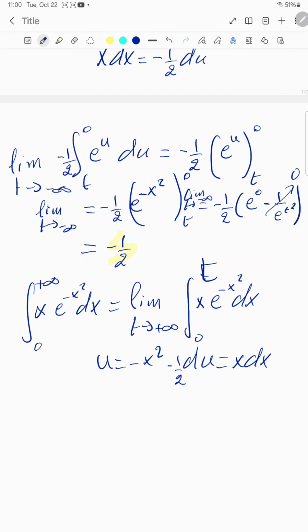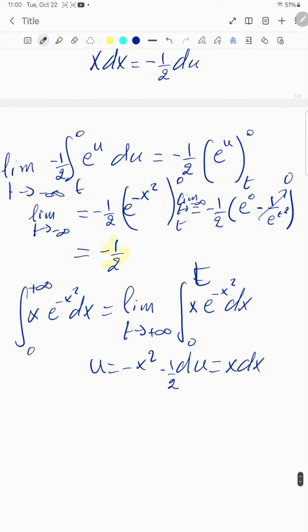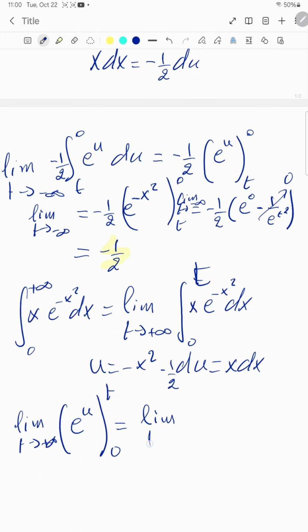So it will become the integral of e to the power of u. And the integral of e to the power of u is e to the power of u. So that integral will become e to the power of u between 0 and t. And the limit when t goes to plus infinity is equal to the limit when t goes to plus infinity of, not integral here, it's a parenthesis, e to the power minus x squared between 0 and t.